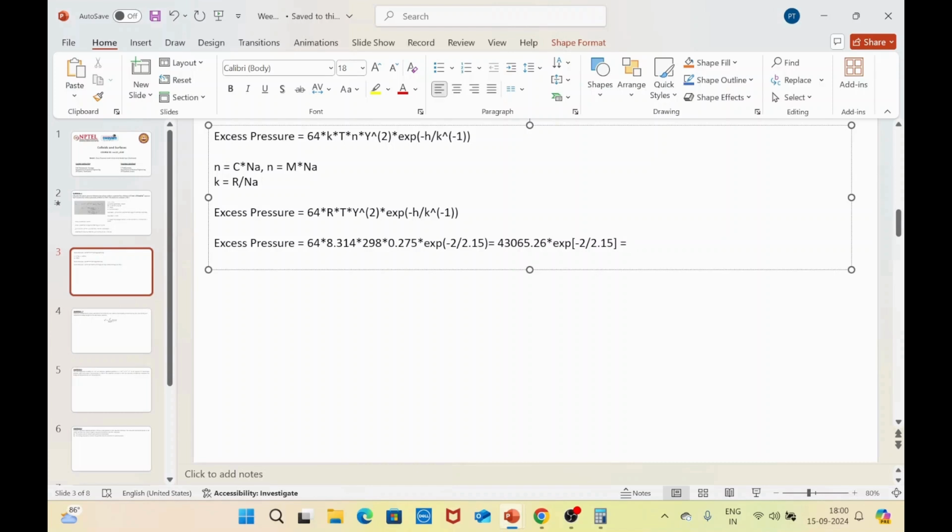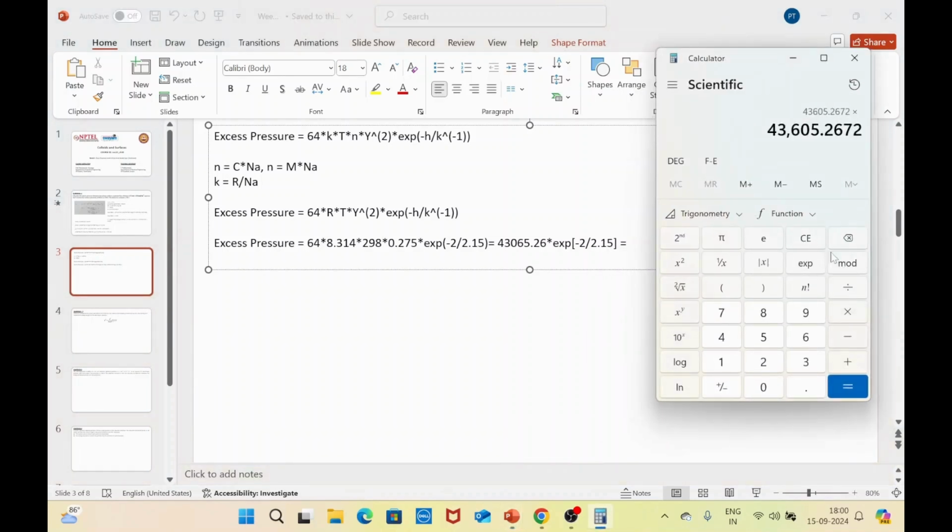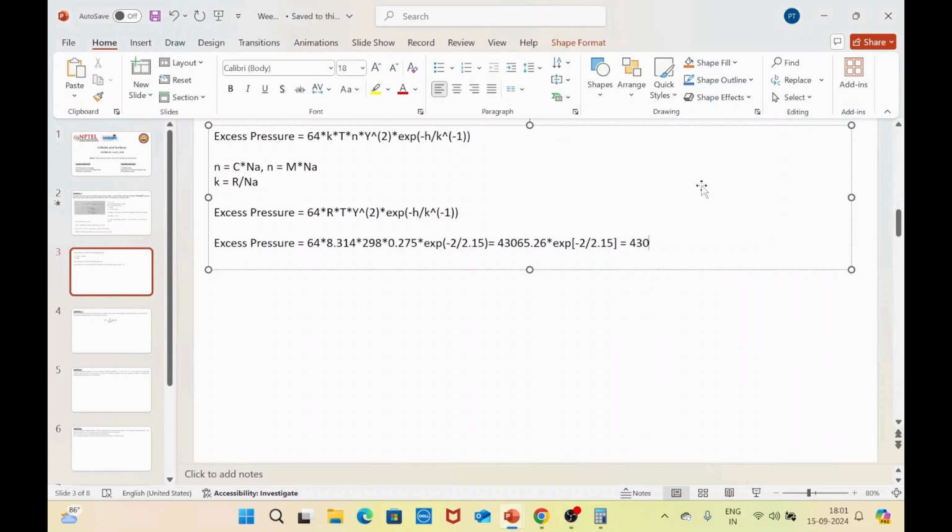So kappa inverse, what is kappa inverse? It's 0.394.